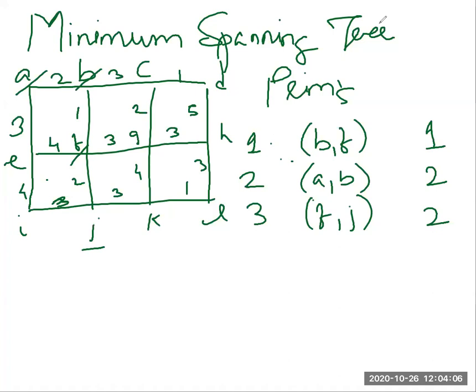So AE, IJ, JK, then BC and FG. So you will find that all these edges are of cost 3. So you can select any one edge at random and check whether it creates a circuit. So we'll select, let's say, edge IJ and the cost is 3.